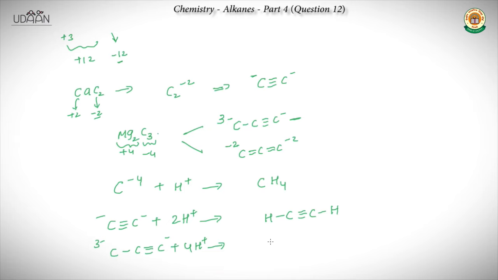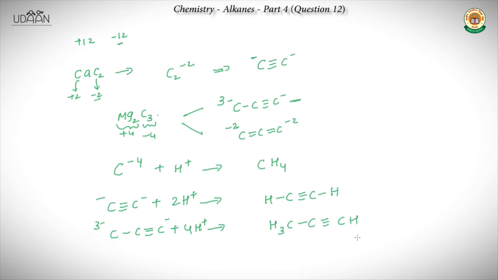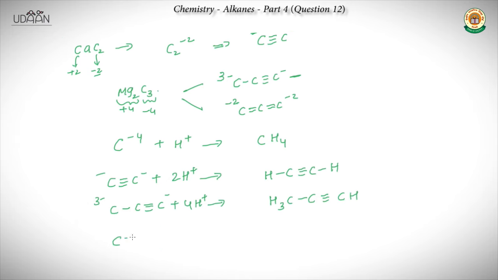It will get converted to H3C, C triple bond CH. And for the last one, it also needs 4 H plus ions, and you will get an allene, C double bond C double bond C. This is called an allene.